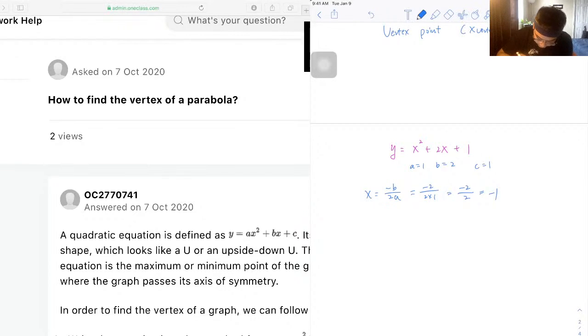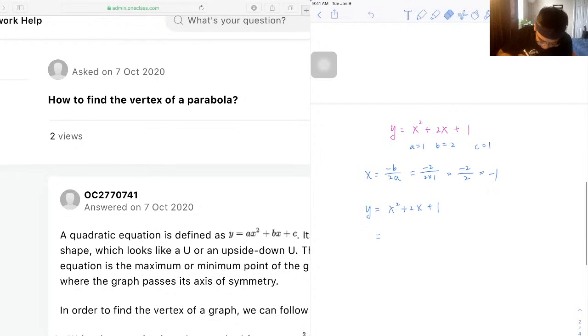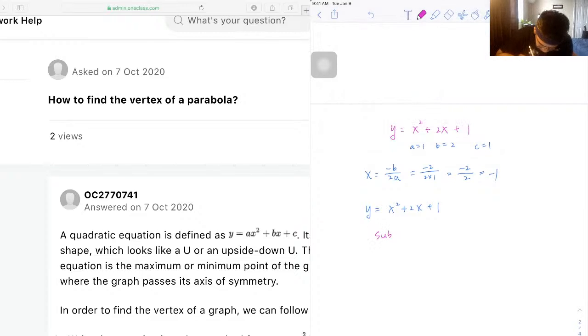Right. And now since we have the value of x, we just need to substitute it back into the equation in order to get our y-coordinate, which is given by y is equal to x squared plus 2x plus 1. Substitute x is equal to negative 1.